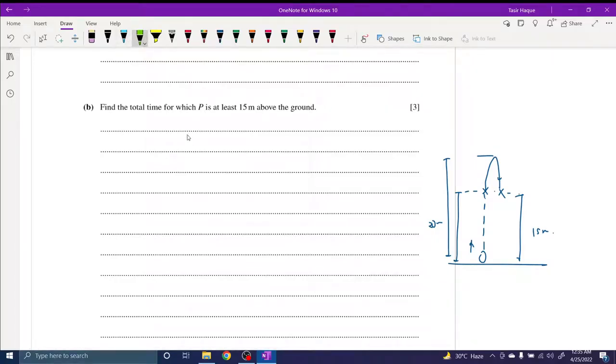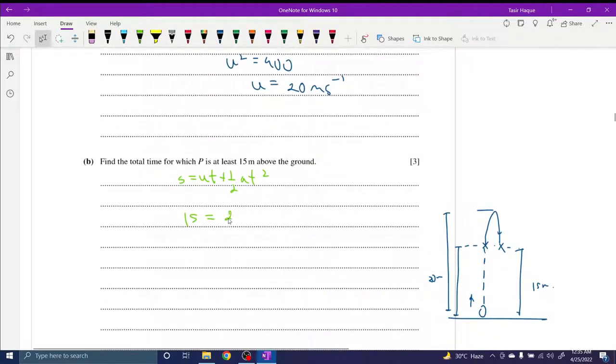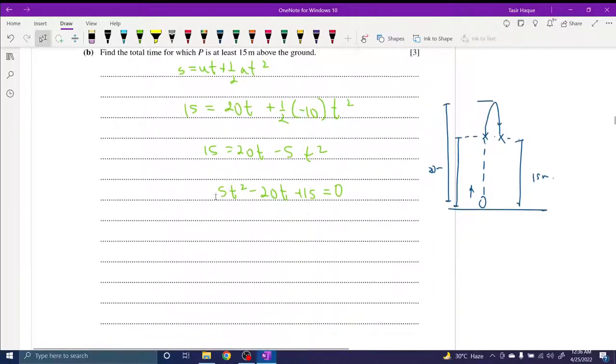The best equation of motion to use is s is equal to ut plus half at squared. I just want to find out when it crosses that point. So 15 is equal to, what was u? 20. 20t plus half into minus 10 t squared, or 15 is equal to 20t minus 5t squared. 5t squared minus 20t plus 15, sorry, is equal to 0.